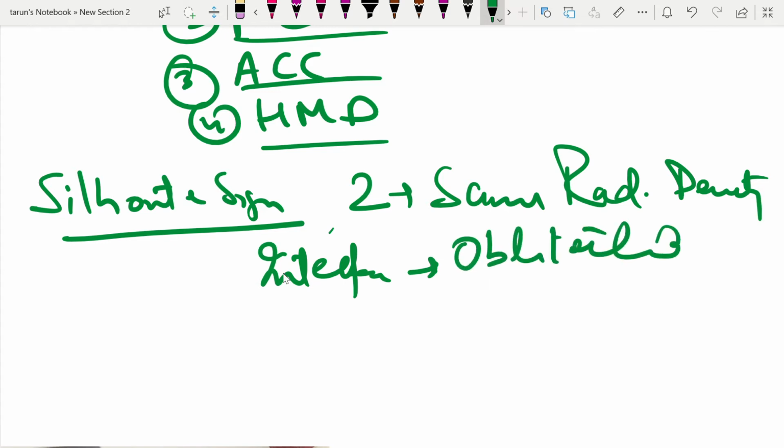And the lack of interface is known as the Silhouette sign. That is the loss of demarcation between the pulmonary shadow and the neighboring structure.